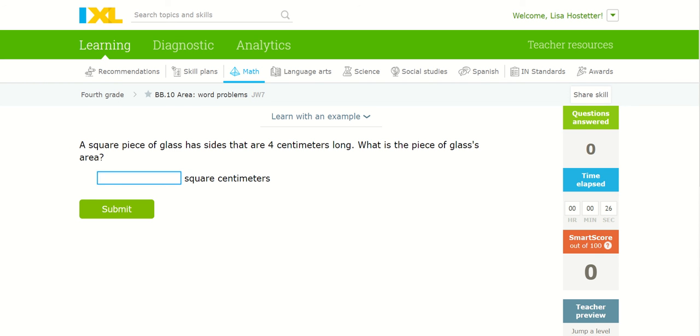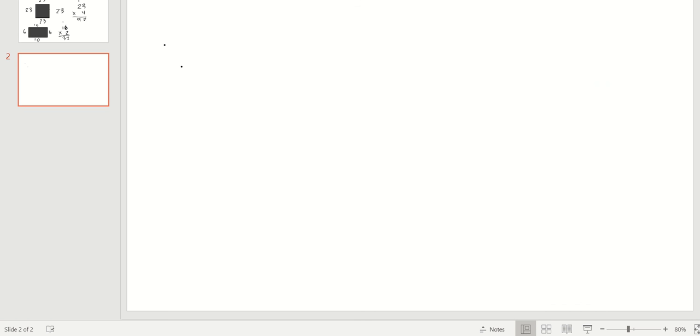Once again, we need to pay attention to the words. Take it slow. Don't try to hurry through. A square piece of glass has sides that are 4 centimeters long. What is the piece of glass's area? Area is different than perimeter.